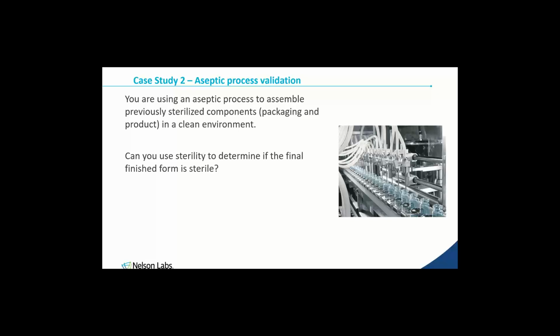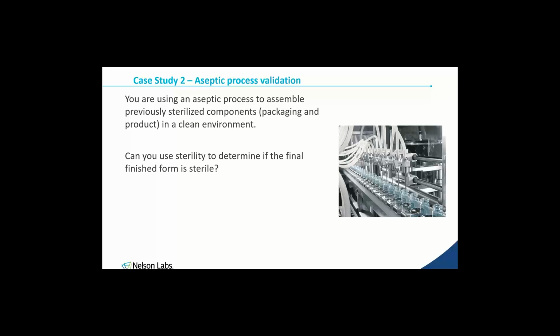So if the final finished form is sterile is kind of the key. There should be validations that lead into this. We have the picture here, we have the vials. Those vials going in should be sterile, and they should have a sterilization validation with them. Whatever we're putting into them, chances are in this case for a filling, it's going to be something that may be sterile filtered or something like that. There's a validation for that.